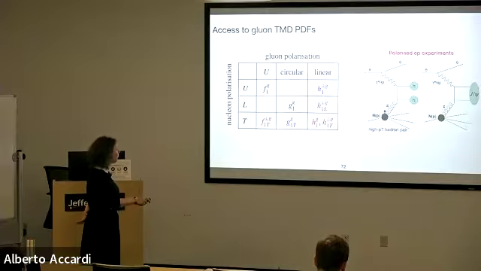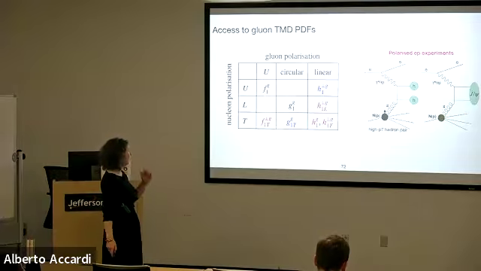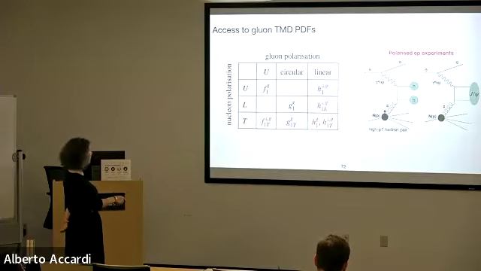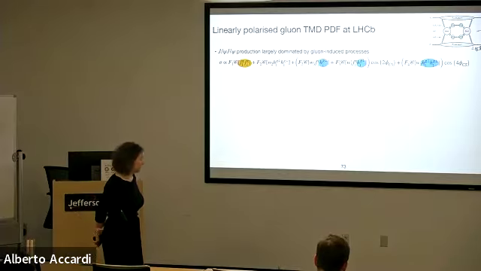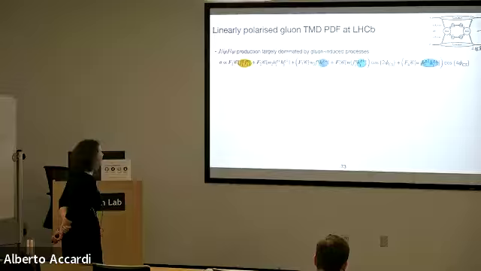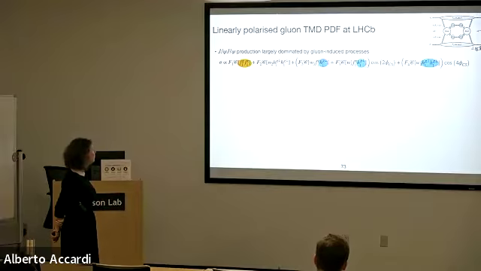So at the moment, studies are ongoing about the feasibility of these processes at the EIC and about how useful or how sensitive they can be to access the different types of gluon distributions. So I will show you one result, namely the only existing one at the moment to have a clean access to gluons, namely at the LHCb experiment.